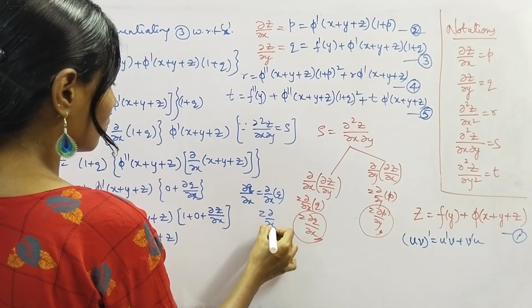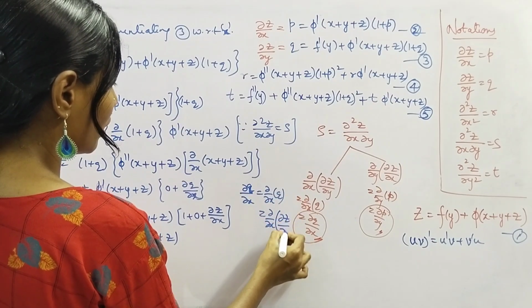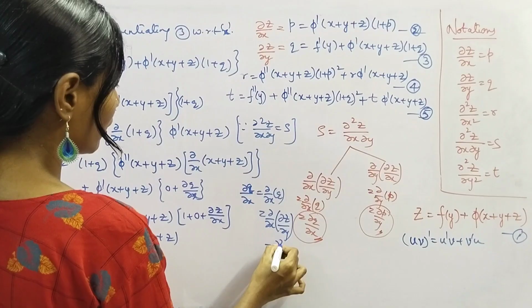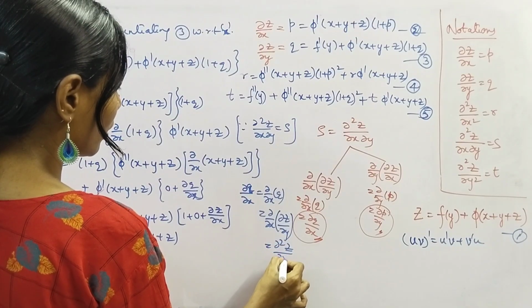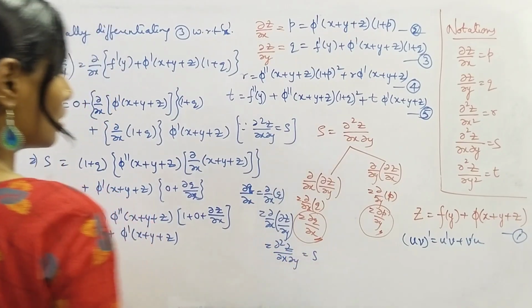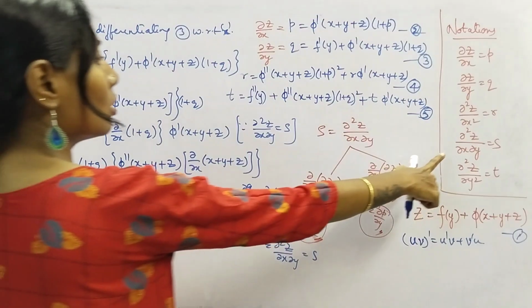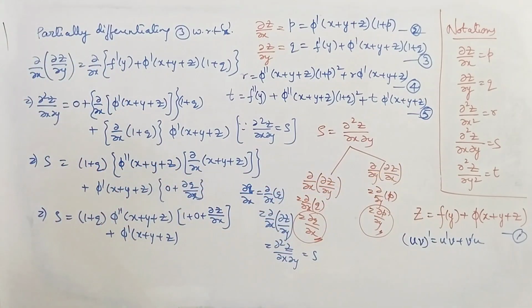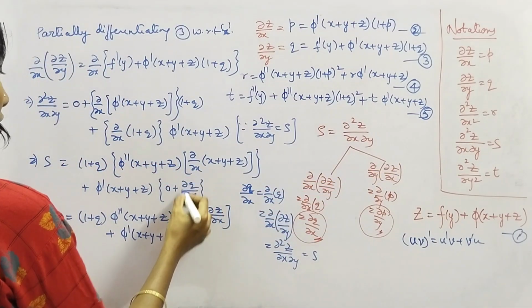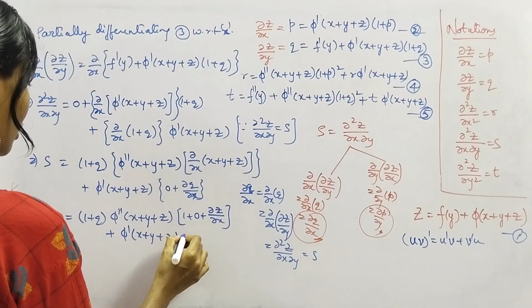Q is nothing but dou z by dou y. We can write this as dou square z by dou x dou y, which is s. So this gives s. I'll write s simply.